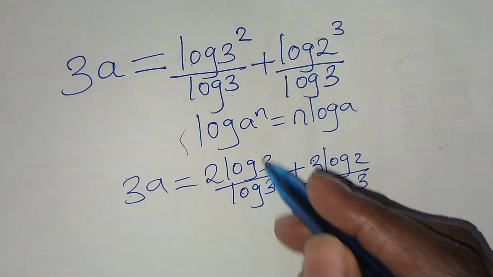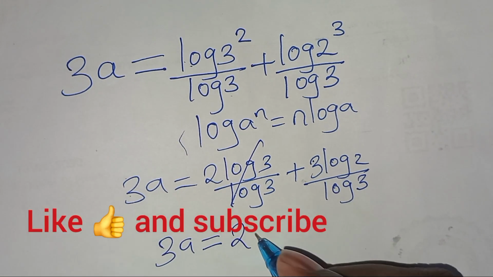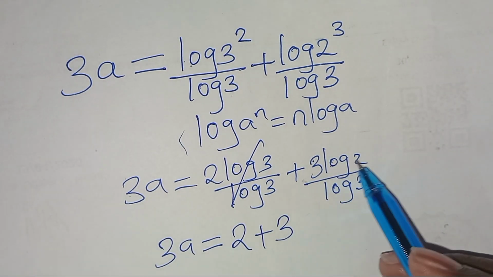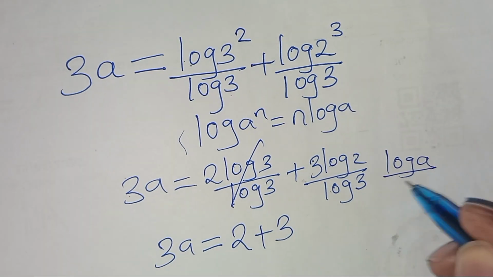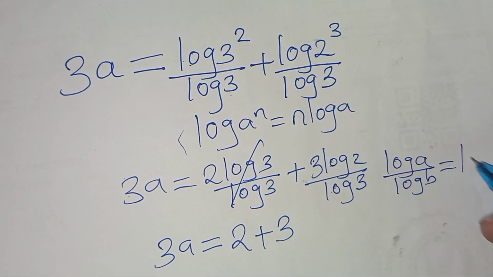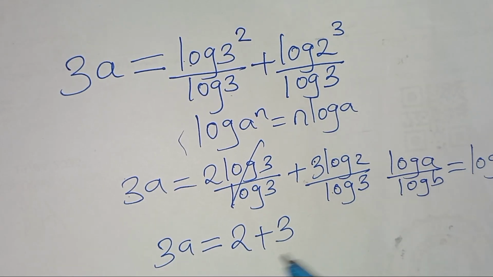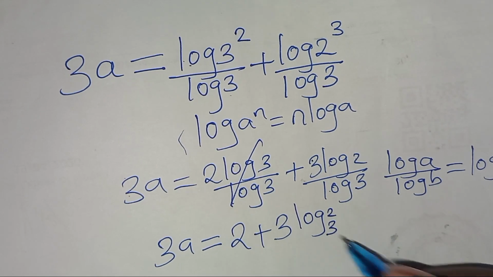So let's simplify here. We will have 3a equal to 2 plus 3 times log 2 divided by log 3. This is basically in the form of log a divided by log b, which we can express as log a to base b. Applying this property, we'll have 3 log 2 to base 3.